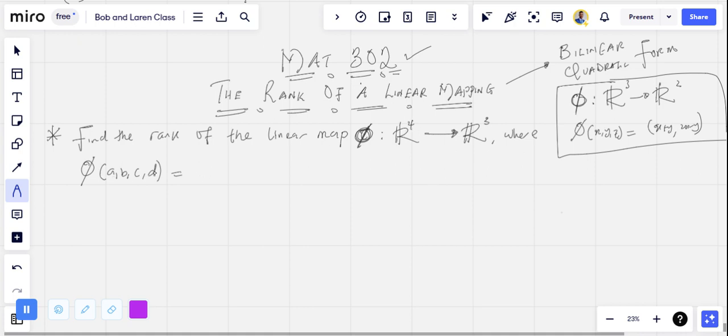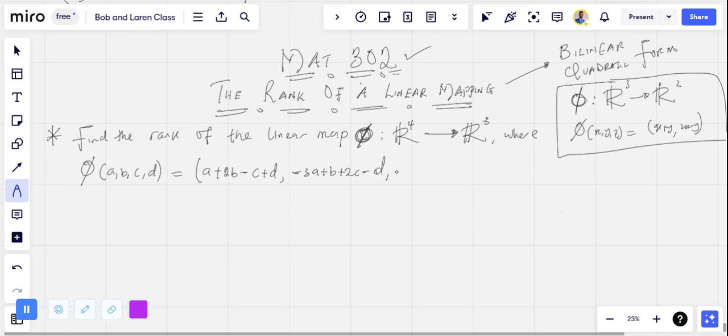You have four different variables here, such that I'll have three coordinates. In the question, the first one is a plus 2b minus c plus d. That maps into R3. Another one is minus 3a plus b plus 2c minus d.